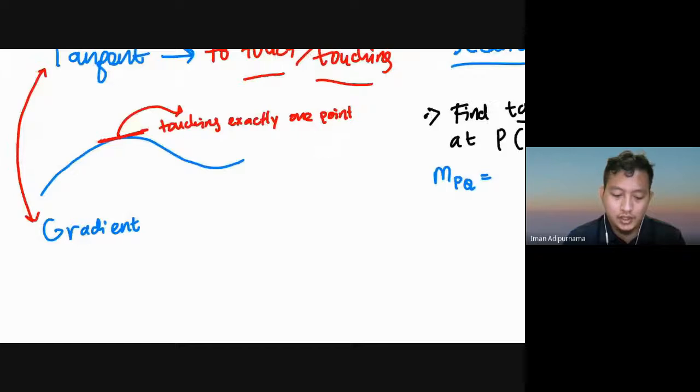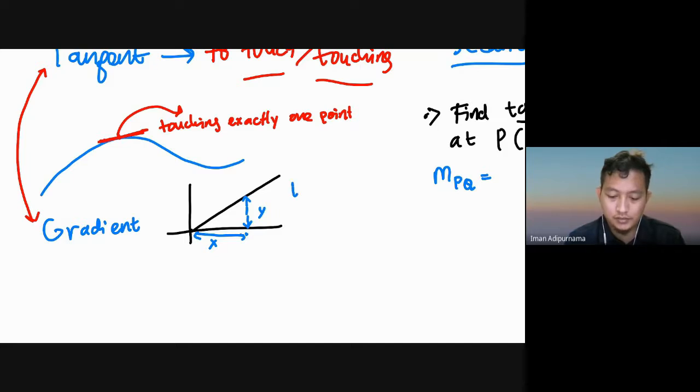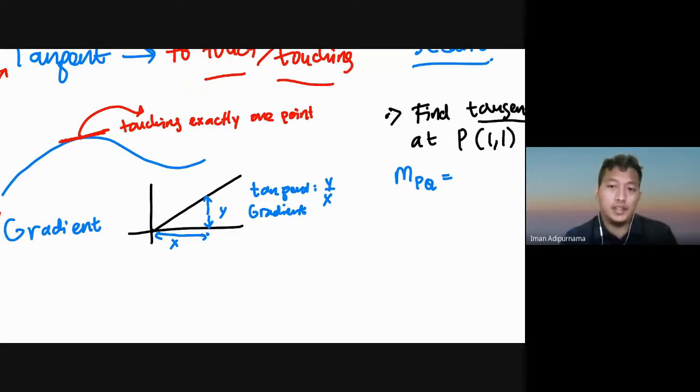You can say the gradient is, you see here, you see this y, this is x. You can make the gradient as a tangent, like in trigonometry, the tangent will be y over x, or the gradient. Most of the cases, that's the same thing.